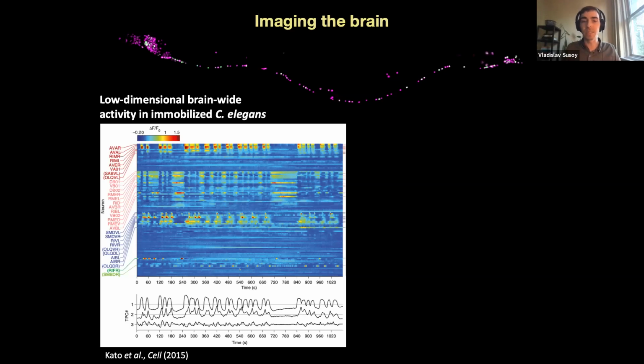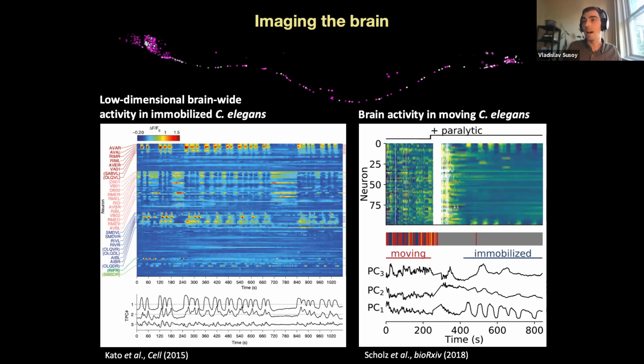Most of the neurons participate in coordinated, highly correlated activity, which could be projected on very few principal component axes. And later studies, which were able to look at freely moving worms with a similar technique, found that if you allow the worms to move, then the brain activity becomes more diverse, more complex.